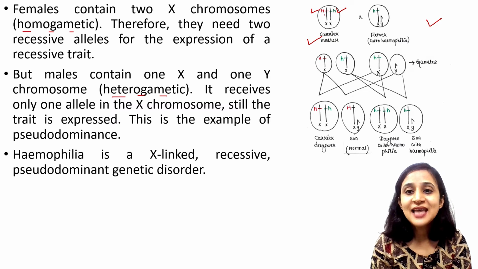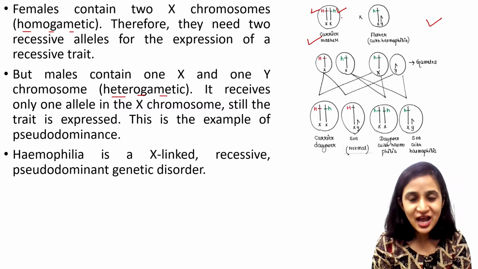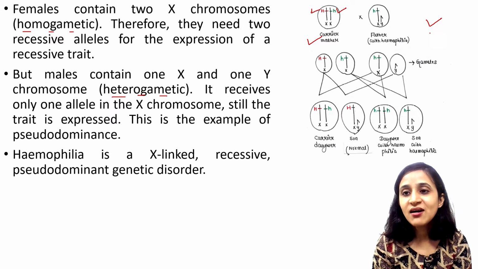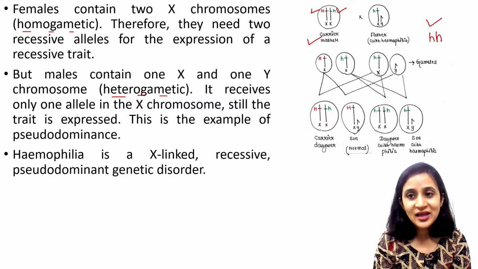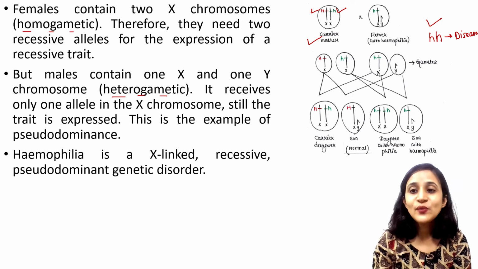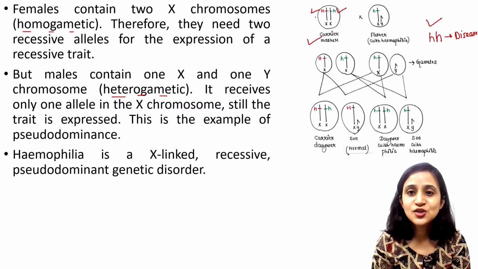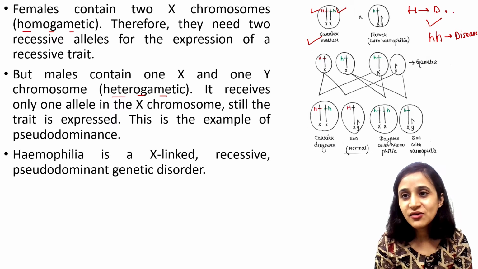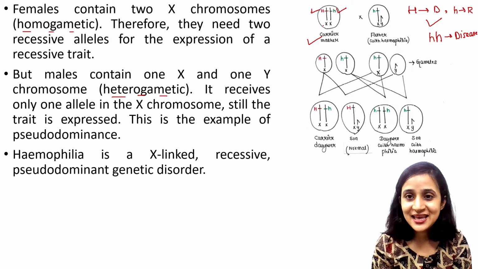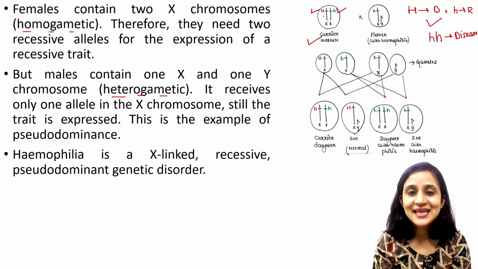When the alleles are in small h condition, it will produce the disease, hemophilia. Capital H is dominant here and small h is recessive here. So she has one dominant allele and one recessive allele. That's why she is a carrier here.